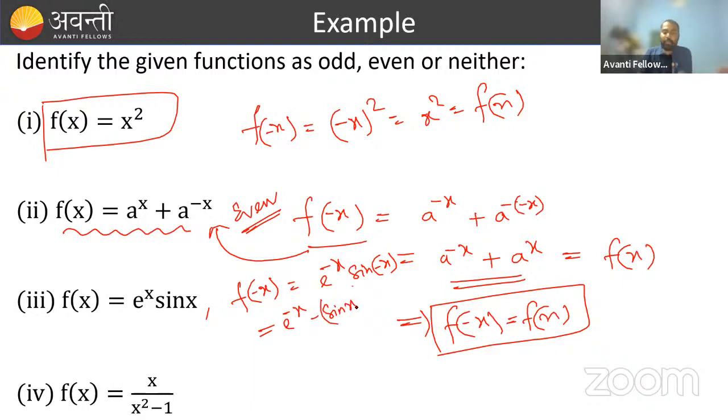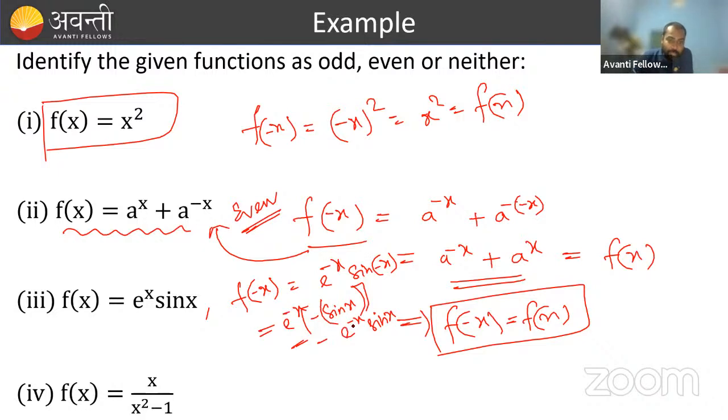All of you know in trigonometry, sine of minus x is minus sine x, right? So minus will come outside. This is equal to minus of e to the power minus x sine x. So we are not getting any of the previous two conditions satisfied by this function. So it is neither even nor odd.